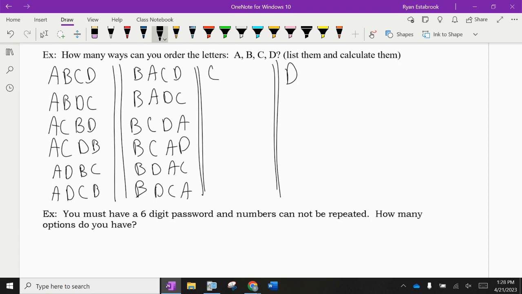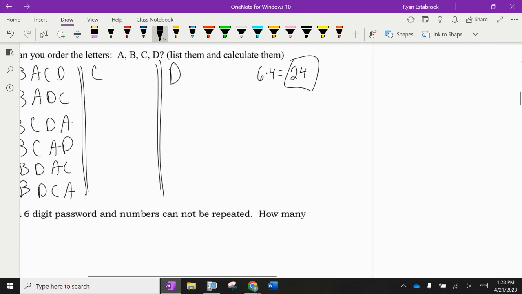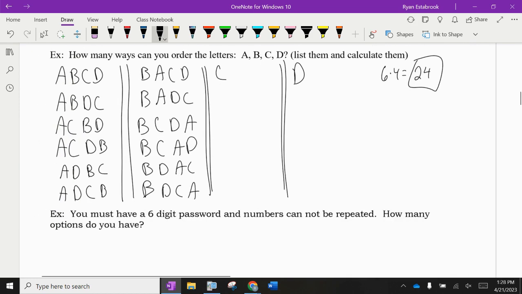So 6 plus 6 plus 6 plus 6 is like 6 times 4. 24 possibilities. Again, I could actually list all of them. 24 isn't a horrible thing to have to write down. But after a while, I'm looking at patterns and trying to figure out, what do I notice? Can I make this a little bit shorter for myself? So yeah, 24.